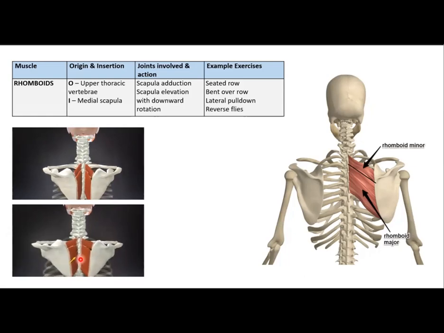But these are the rhomboids. So basically all the exercises where you are doing rowing or reverse flies. It assists also in lat pull downs. So they're all working everything where your shoulder blade is involved, because this is your shoulder blade, this is your spine, that is the muscle which connects them.